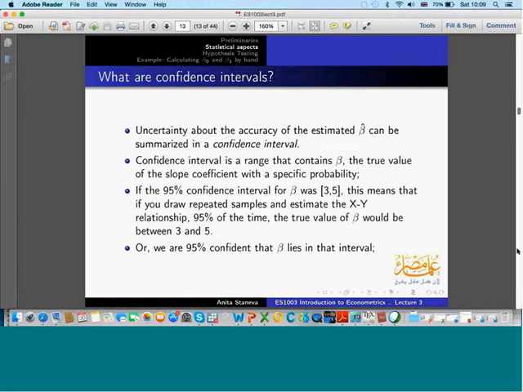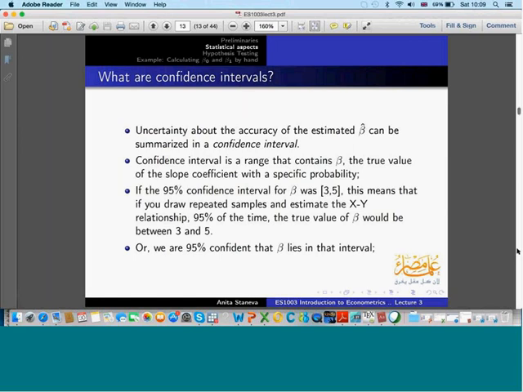So all these three factors are reflected in a commonly used interval estimate of beta, which we call confidence intervals. What are confidence intervals? All this uncertainty about the accuracy of the estimated beta that I talked about today can be summarized in this term that we call confidence interval.